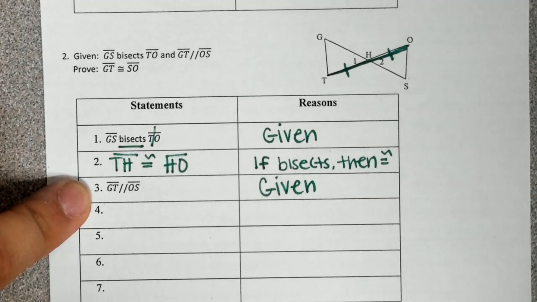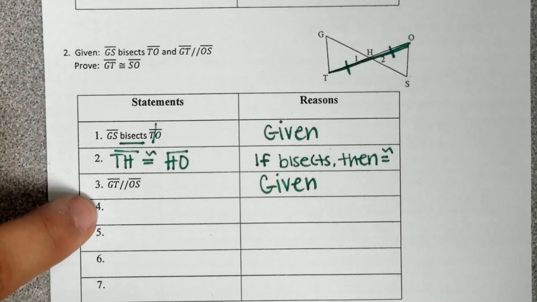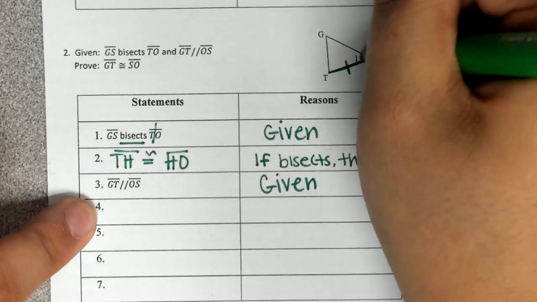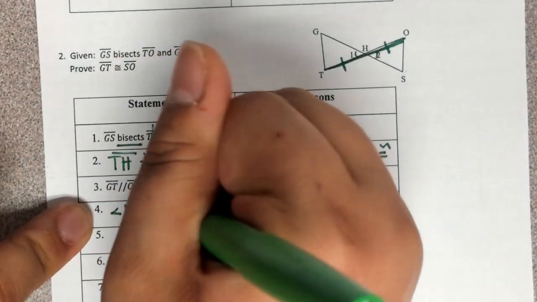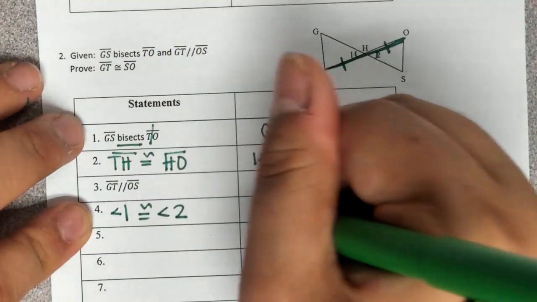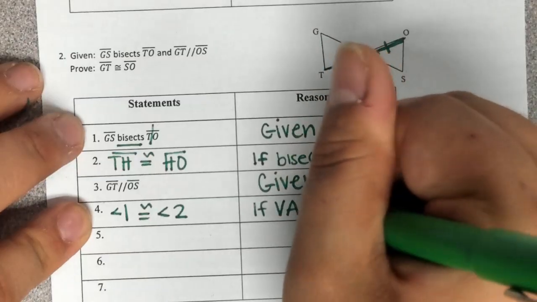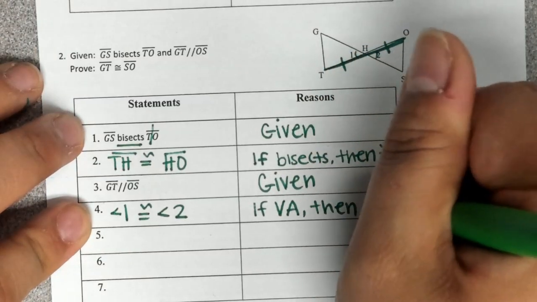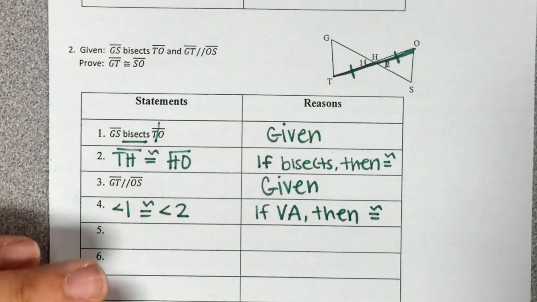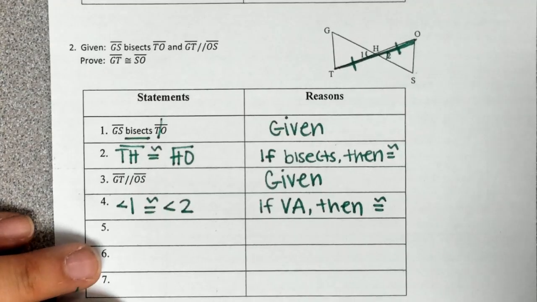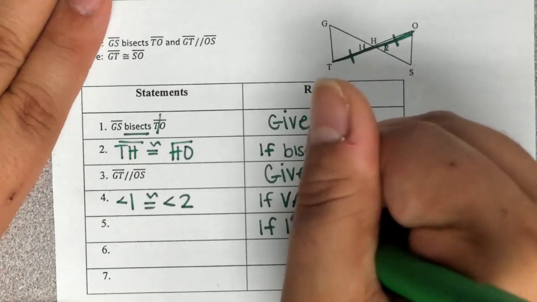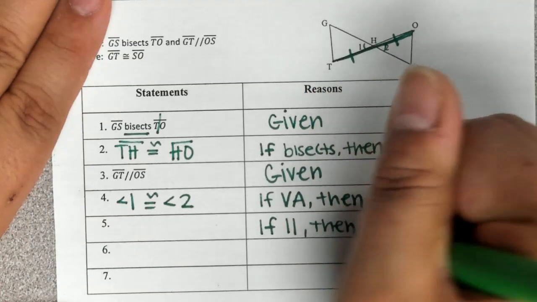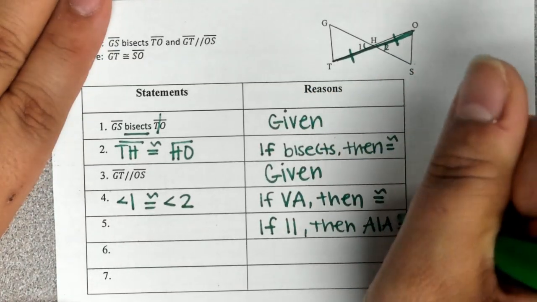Okay, I'm going to go with that in just a second. I heard somebody say, what about angle 1 and 2? Angle 1 is congruent to angle 2. Why? If vertical angles, then congruent. Okay. I heard Jason said, if parallel, then AIA are congruent.